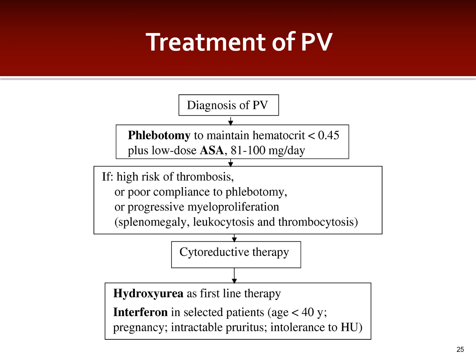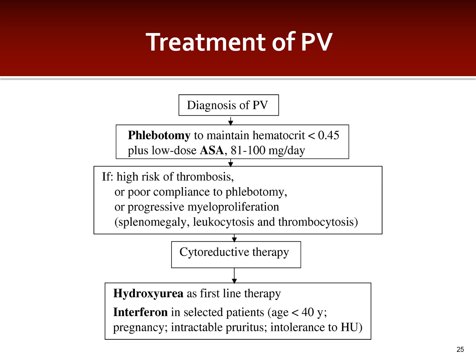Again, how we treat it, like I said, you want to do a phlebotomy. We're trying to get that hematocrit less than 0.45. And also, we can give aspirin as a blood thinner, Plavix, or clopidogrel, also a blood thinner. These clients may also benefit from cytoreductive therapy, which could be hydroxyurea, your first line treatment here.